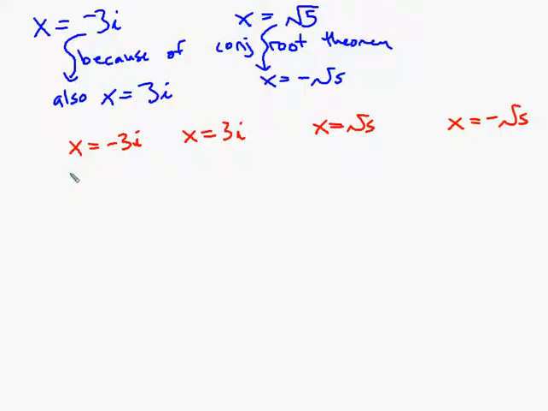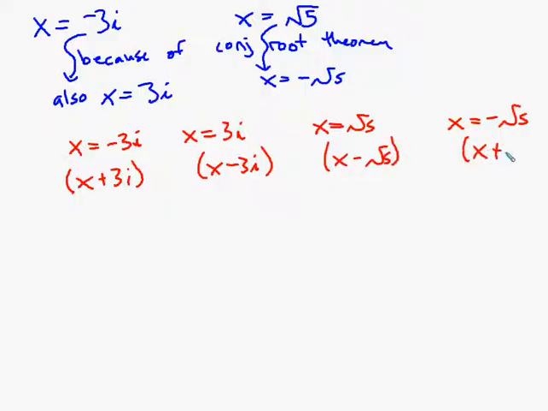So then do you see that my factors are x plus 3i, x minus 3i, x minus root 5, x plus root 5. Do you see that? Any questions on how I got those factors? See the difference between a root and a factor? I mean, we get our roots from the factors, and vice versa, but they are different.